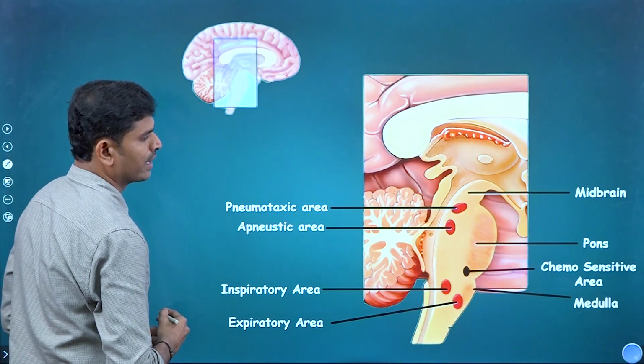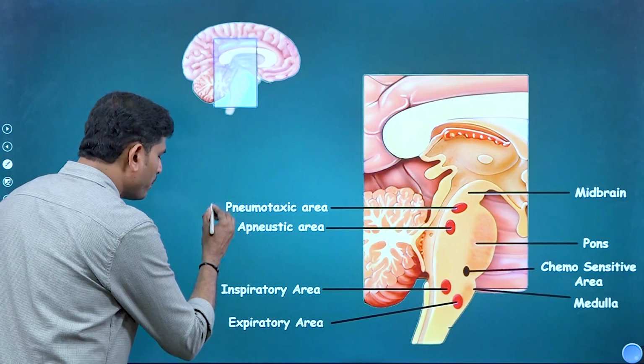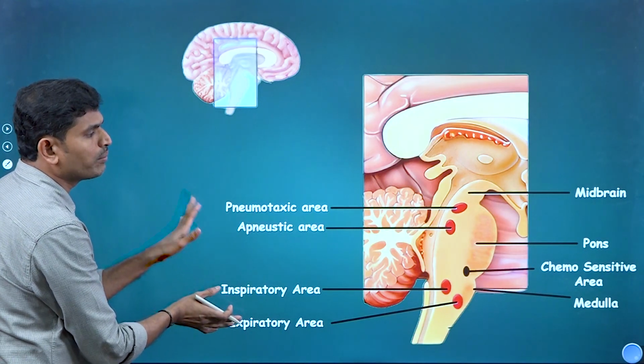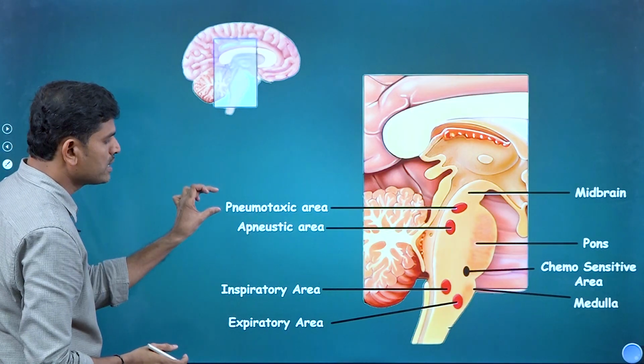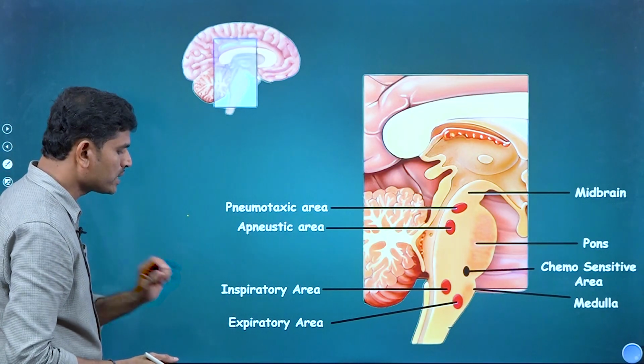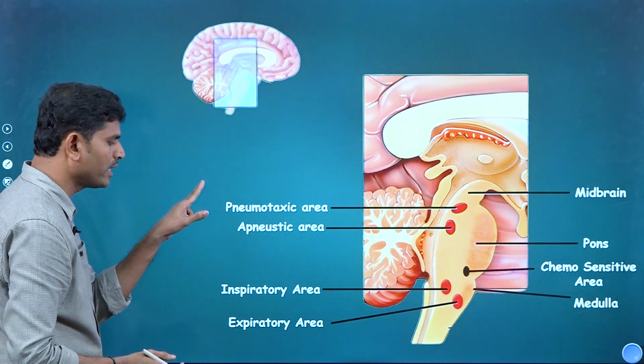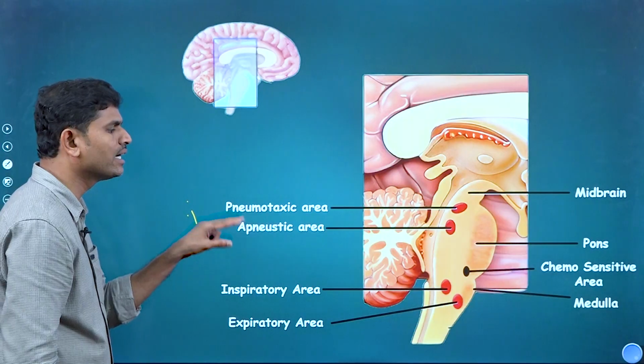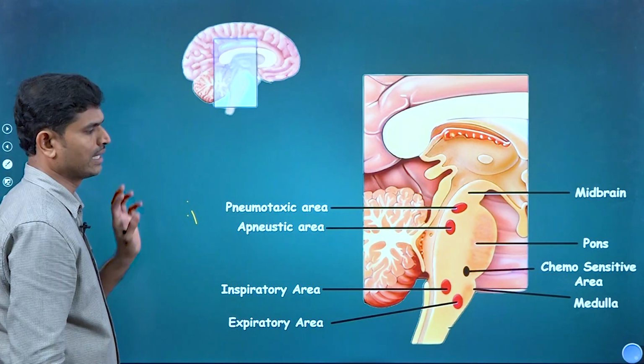So these are the areas. Combinedly ये पूरा we can call as the respiratory center. Pneumotaxic and apneustic, inspiratory area, expiratory area, combinedly known as the respiratory center.